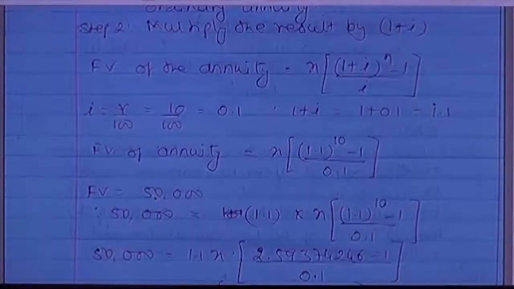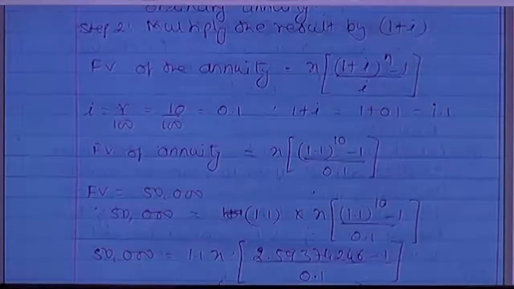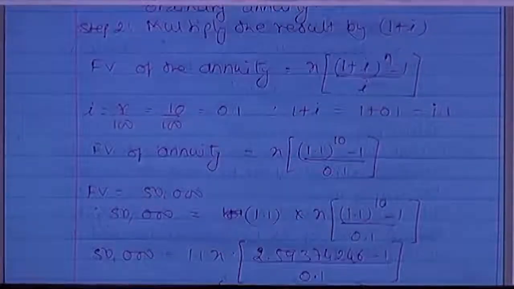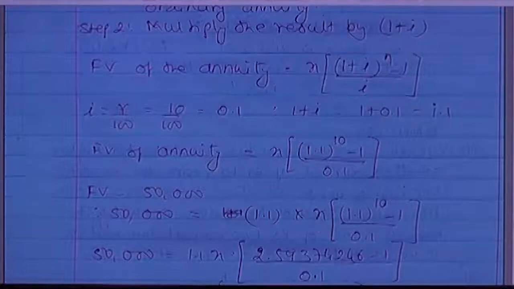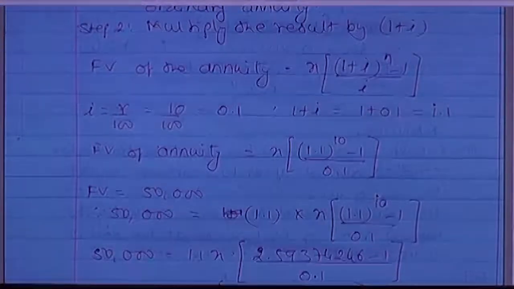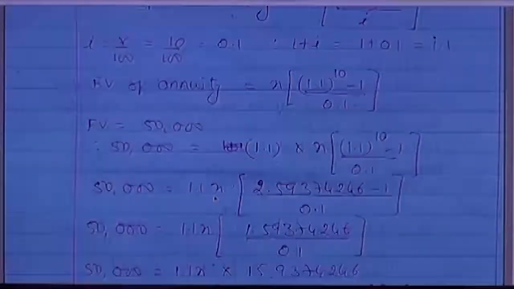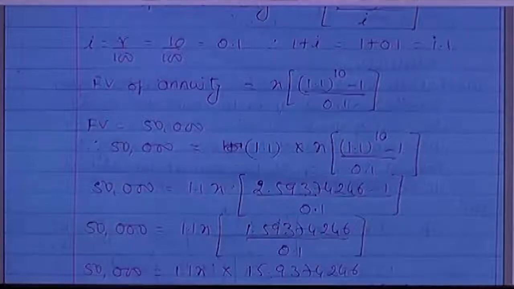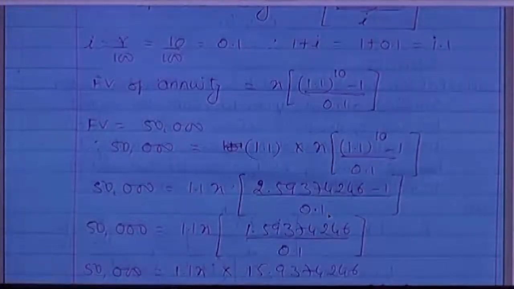Now you know that future value is 50,000, so 50,000 is equal to 1.1, because you have to multiply the future value of annuity by 1 plus I, that is equal to 1.1. So 1.1 into future value of annuity, that is x into 1.1 raised to 10 minus 1 upon 0.1. So we get 50,000 equal to 1.1x bracket 2.59374246 minus 1 upon 0.1.